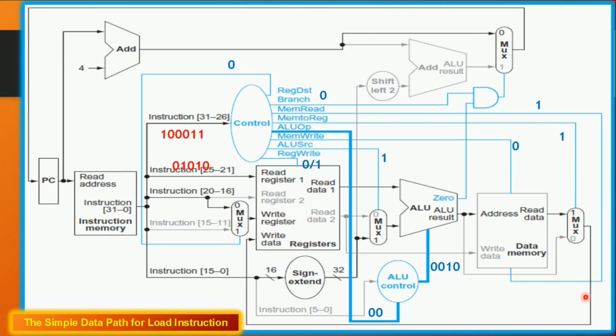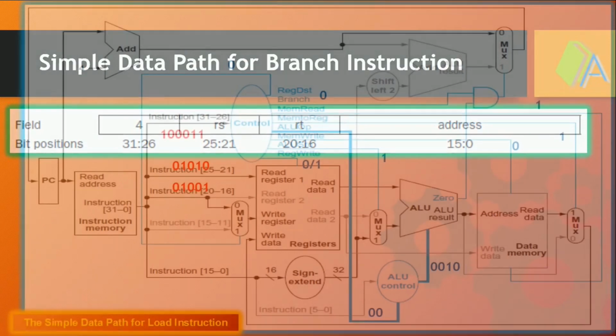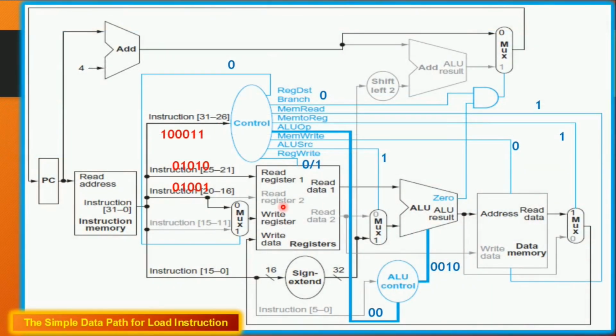So the fetched data will be stored to the register based on the RT register number. RT register number is 9, that is T1. So T1 will be traced and T1 will be loaded with the value which is fetched from the data memory. So this is the simple data path implementation for load instruction.